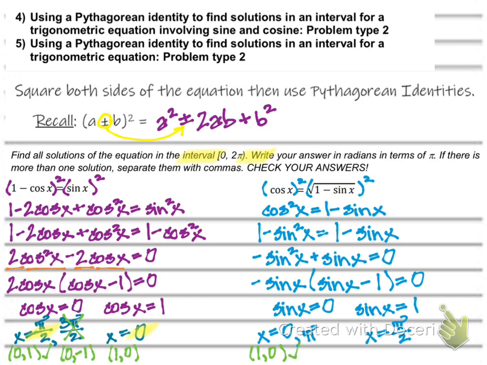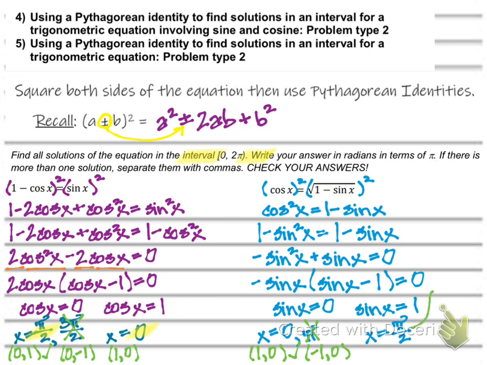So 1, 0 works. At pi, we have negative 1, 0. If I plug in a negative 1 on the left, but on the right, I would have the square root of 1 minus 0, which is 1. So pi does not work.